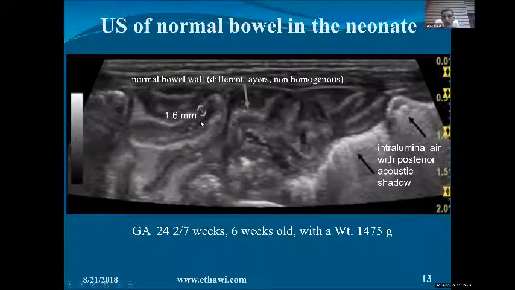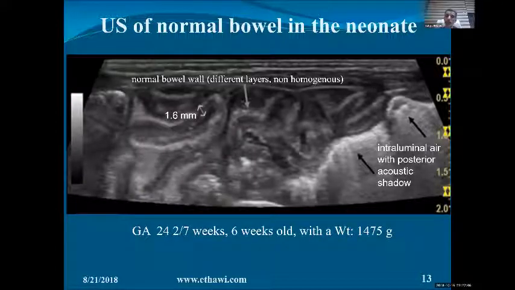So normal bowel thickness, 1.2. Remember, abnormal is less than 1.1 or more than 2.6. And also this will change with the gestation, because remember this is like a study.